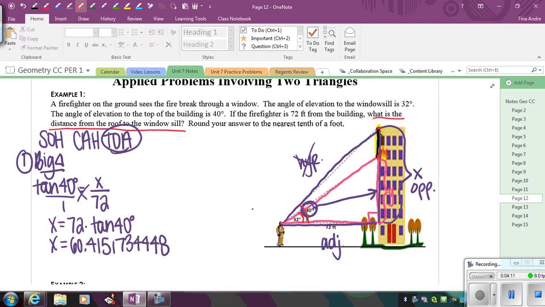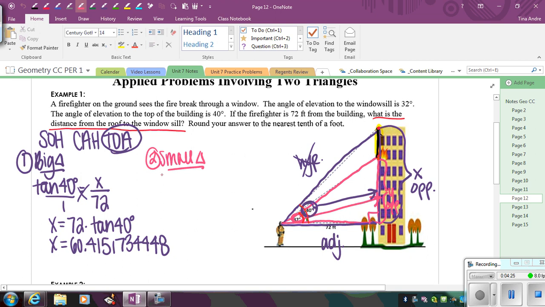Now I want to focus on the small triangle, the pink triangle. Now I have my 32 degrees. Going across from that, side Y is the opposite; the adjacent and hypotenuse are the same. So we'll be using tan again, except this time tan of 32 degrees equals the opposite over the adjacent.